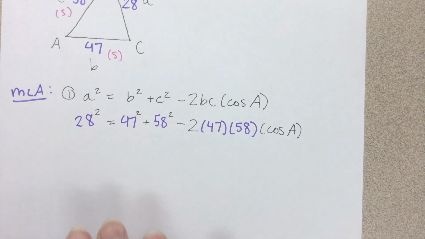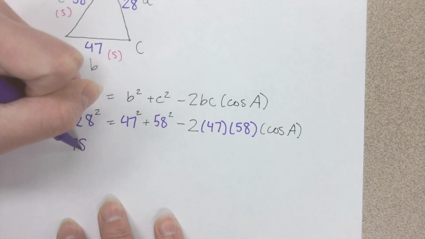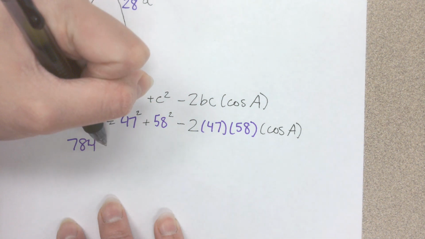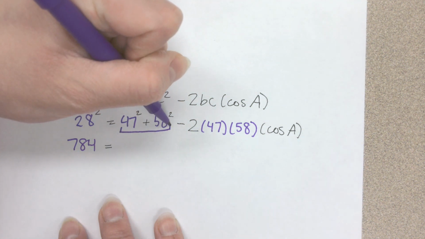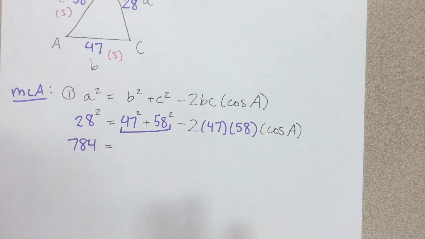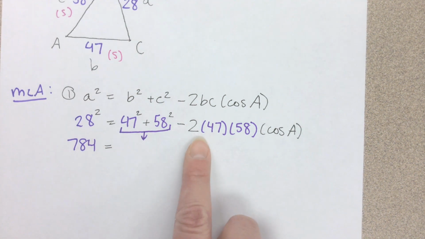So 28 squared is 784 equals, and I'm going to do this whole thing, 47 squared plus 58 squared, just all of it. Reminder not to lump this in with it.